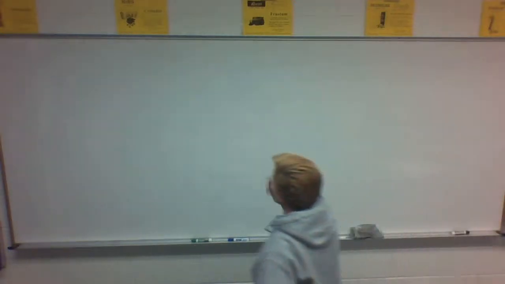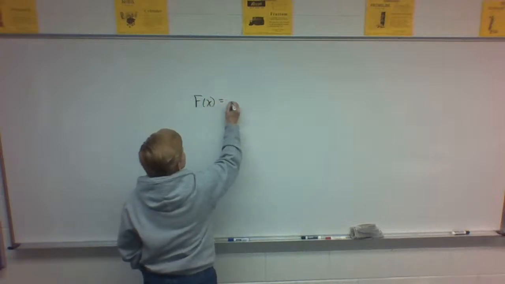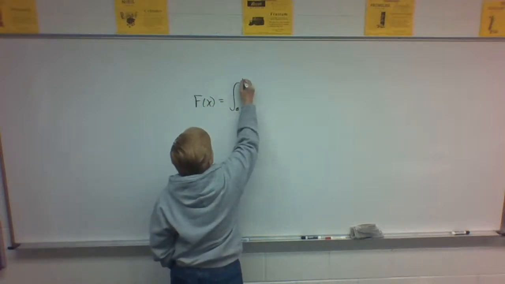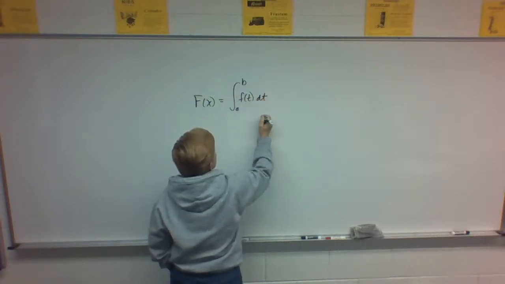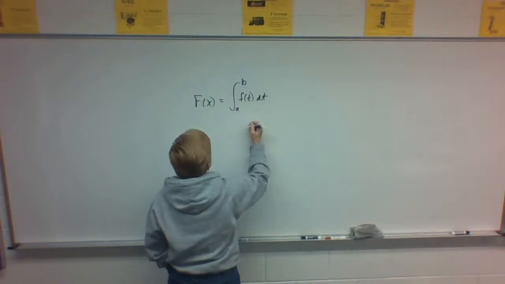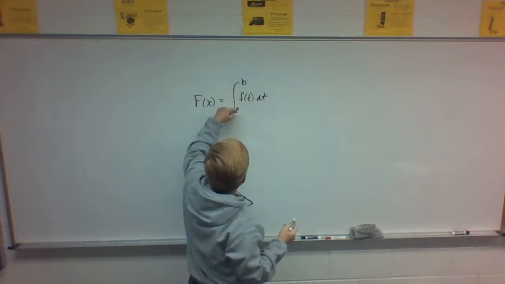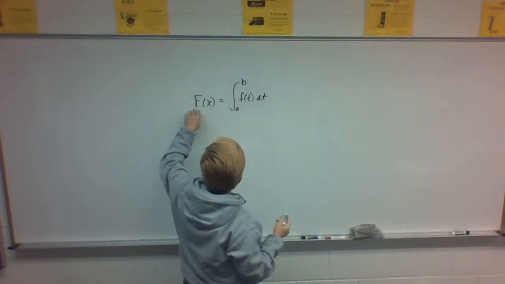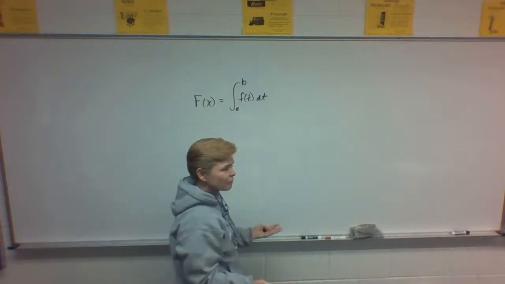What the heck is capital F of b? I'm sorry, what is capital F of x? Well, this is what we said. Capital F of x was equal to the integral from a to x of f of t dt. You're going, doesn't it turn itself around? I mean, you can find the area under this curve from a to b by evaluating capital F of b and subtracting capital F of a, but what the heck's capital F?